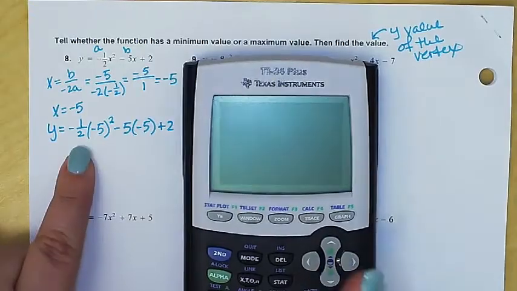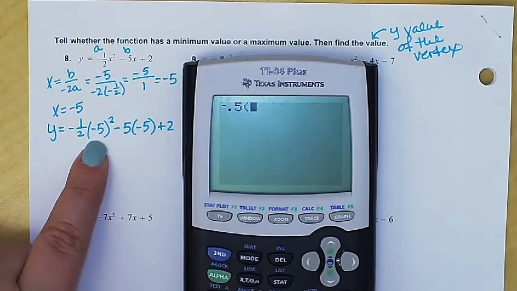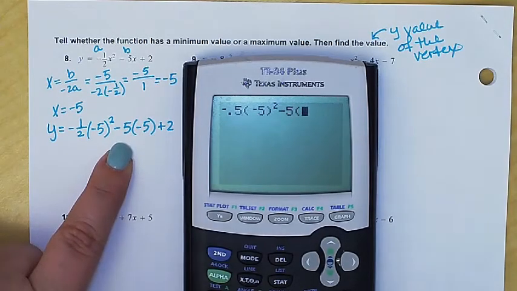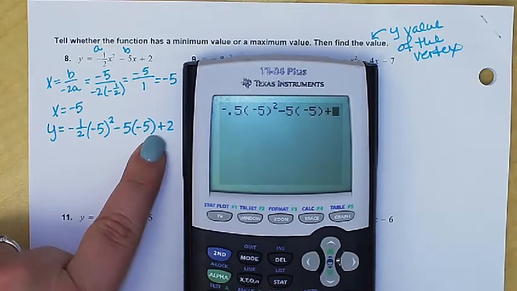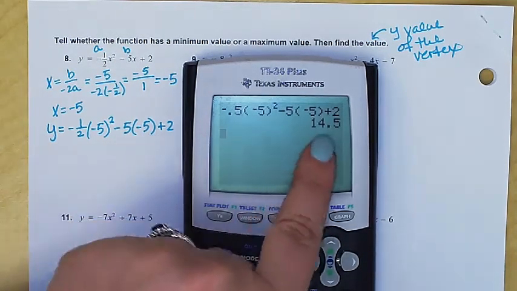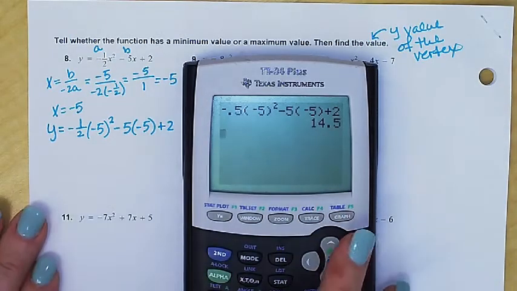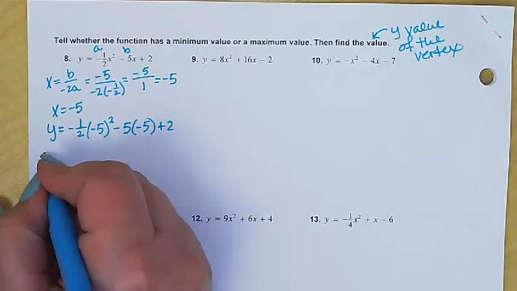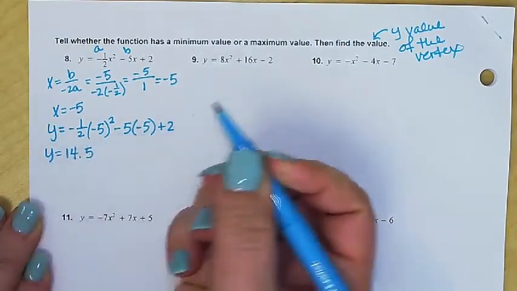Let's find out what that is. So if I start off with -1/2, and then insert a -5 for x, plus the 2, it turns out that the y coordinate for that vertex is 14.5. Okay, that's what I really needed in this problem, was to know this value right here.